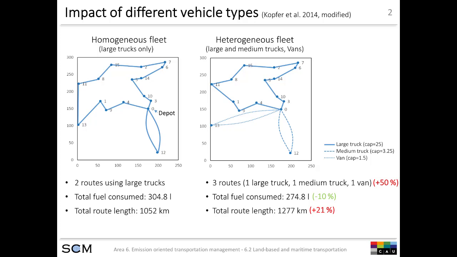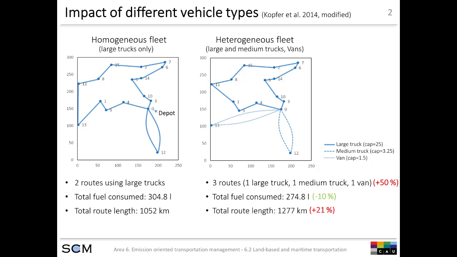On the right-hand side, we see a solution that consists of 3 routes. In this example, the company has various sizes of trucks: large trucks, medium trucks, and small vans. You can see that one of the large trucks serves most of the customers, but 2 remote customers, 12 and 13, are served by medium trucks and vans, depending on the size of the shipment that they ordered.